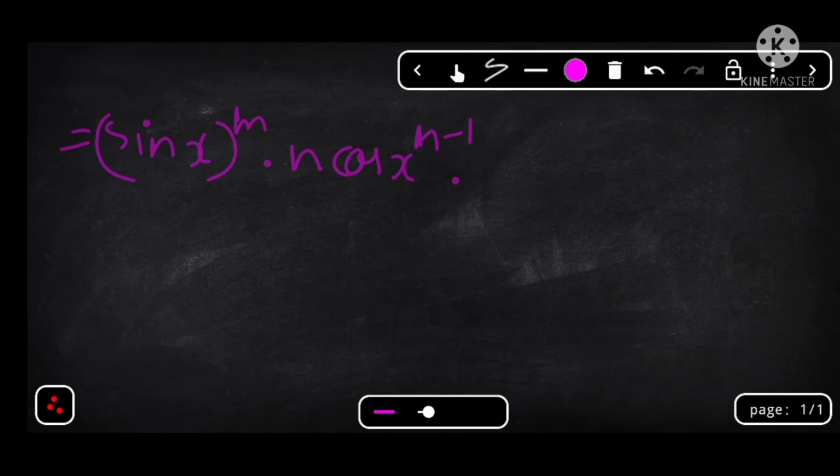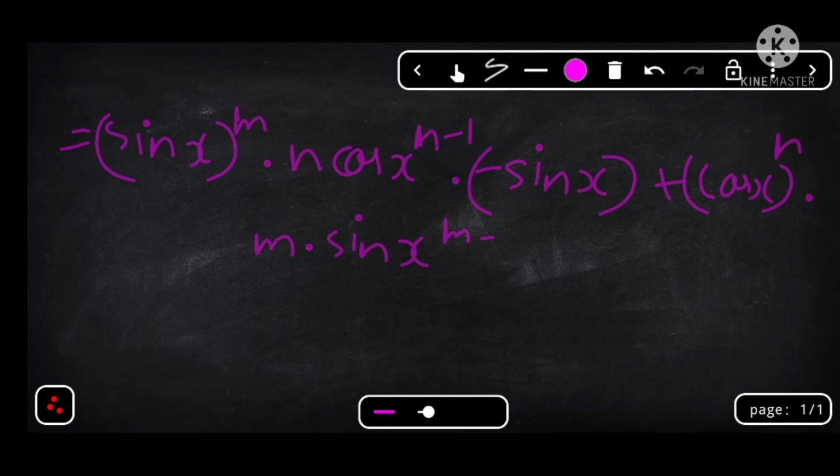That is minus sin x, plus we have cos x whole raised to n into m into sin x whole raised to m minus 1 into, what is d by dx of sin x? That is cos x. So this is the next step.